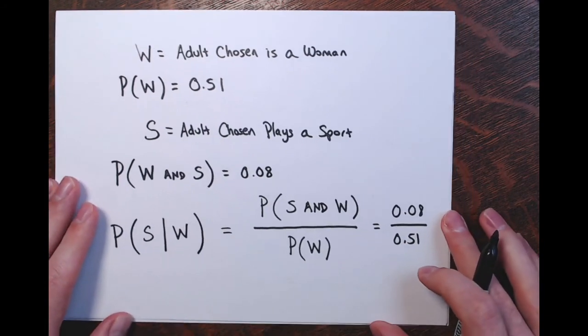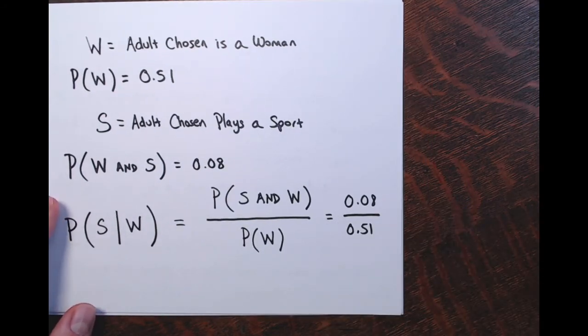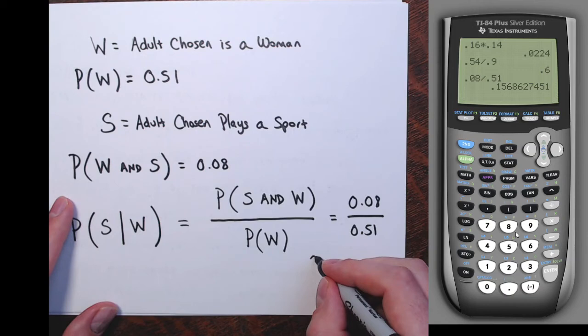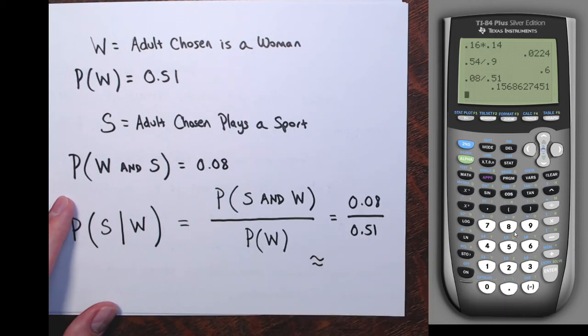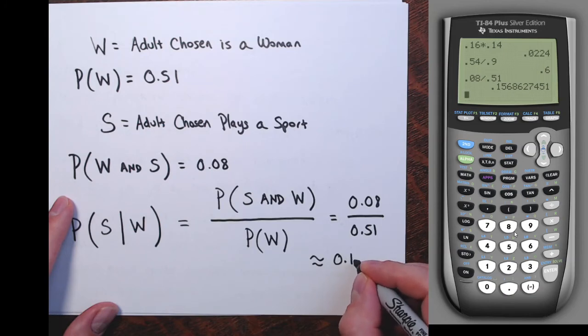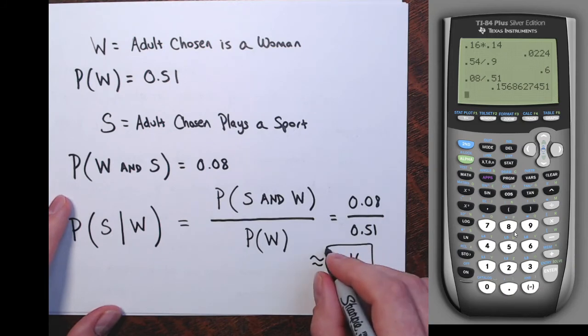And they ask us to round to 2 decimal places. So I'll pull up the calculator here. We got 0.08 divided by 0.51. And if I round that number you're seeing in the calculator to 2 decimal places, this is approximately 0.16, right? Because it's 0.156. The third digit is 5 or higher, so I bumped the second one up to 0.16.